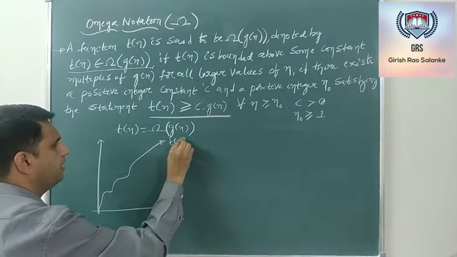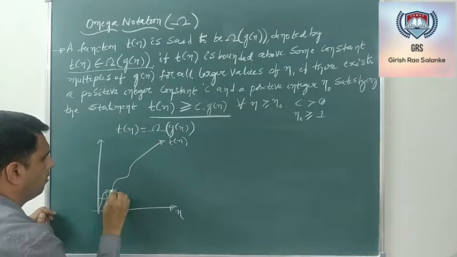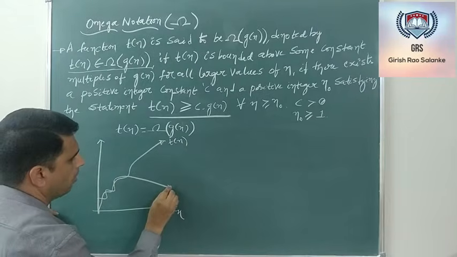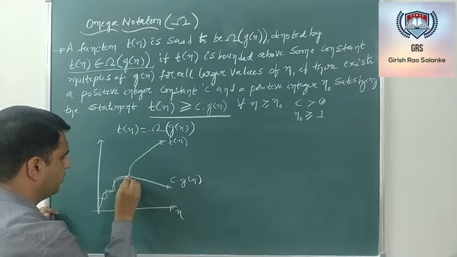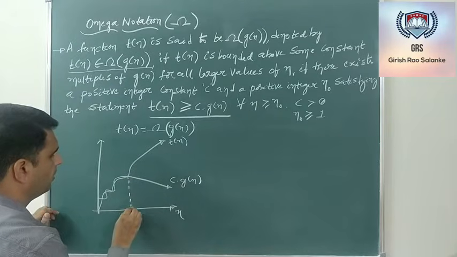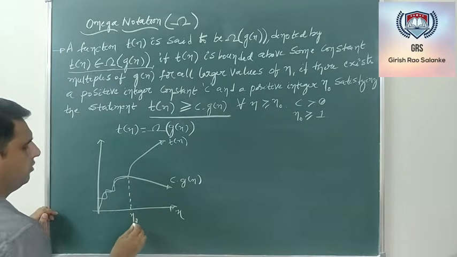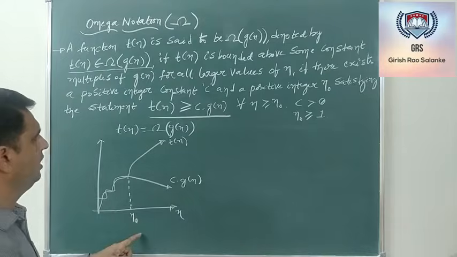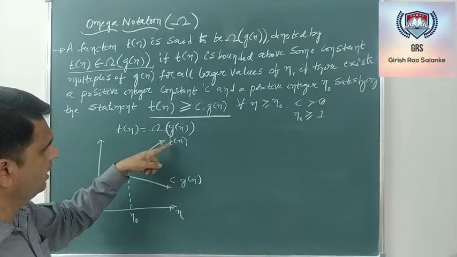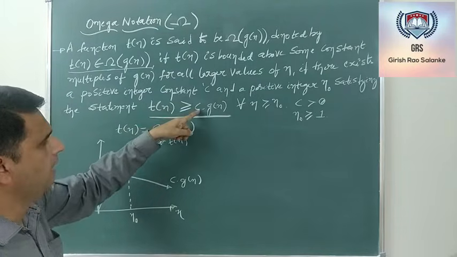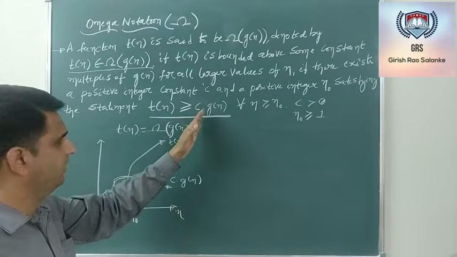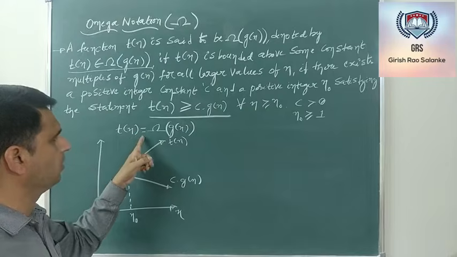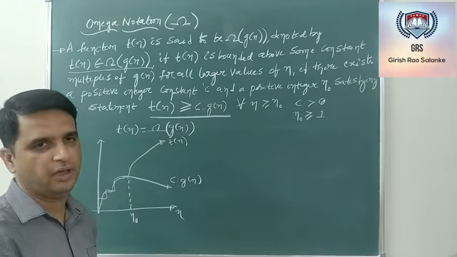If this is my t of n, I can have c into g of n at this position. This is my n0. You see t of n is always greater than or equal to c into g of n. If this condition is true, then I can write t of n equals omega of g of n.